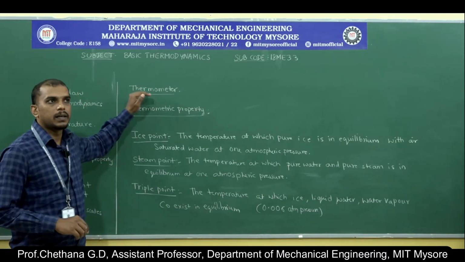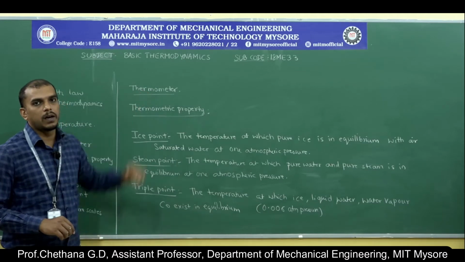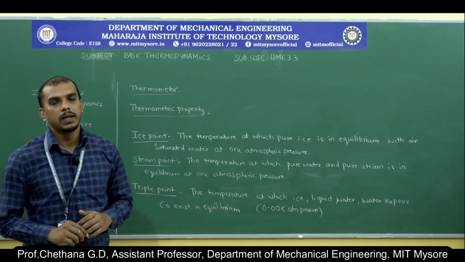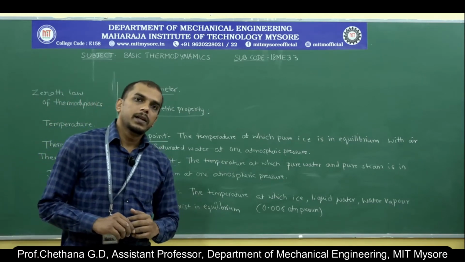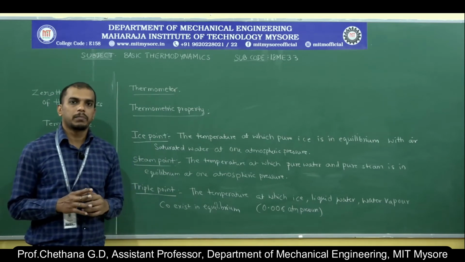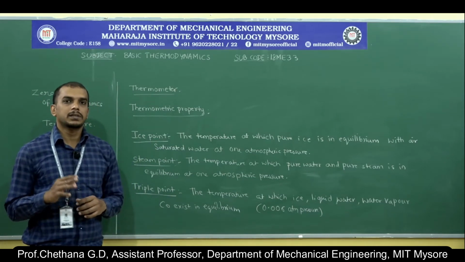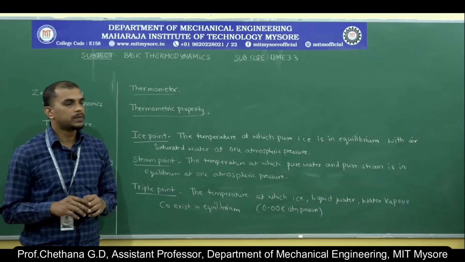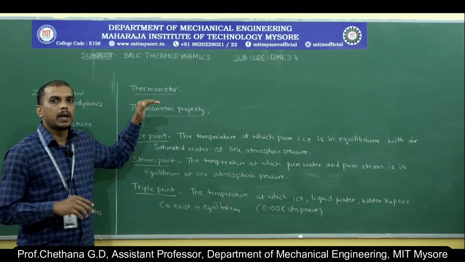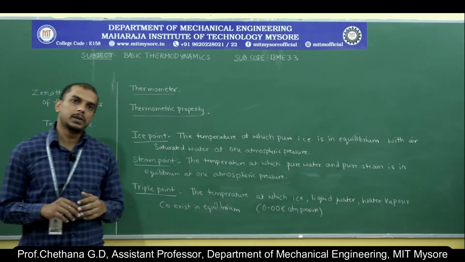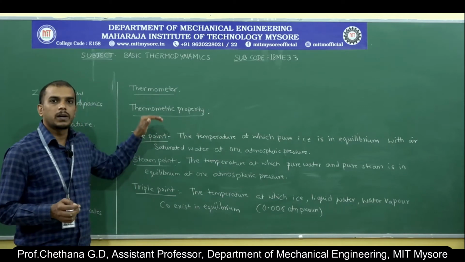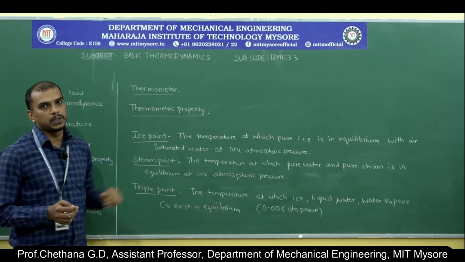The next concept which we are going to discuss is the thermometer. In order to obtain a quantitative measure of temperature, a reference body is selected, which we call a thermometer, and a physical characteristic which changes with temperature, we call a thermometric property.